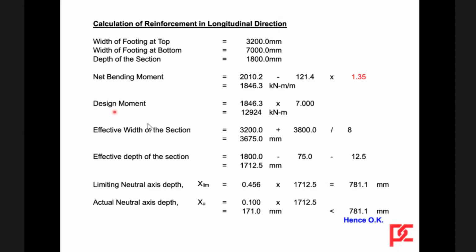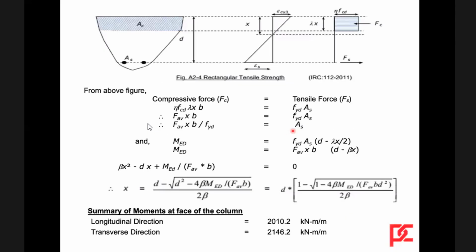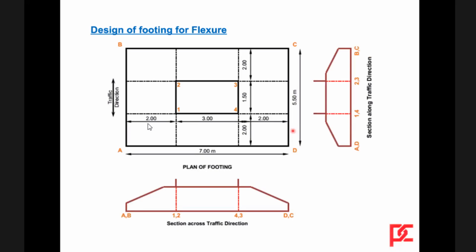From this, the structural design is done by taking the design bending moment and the effective width of the section. Actually, the effective width of the section is taken like this. This 3200, I will just show you. Yeah, this one, if you see, since the shape of this is like this, this is 3200.